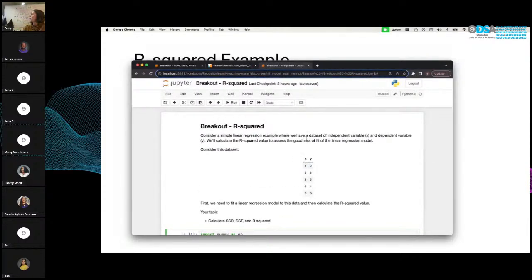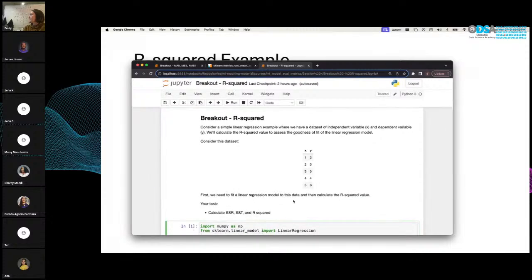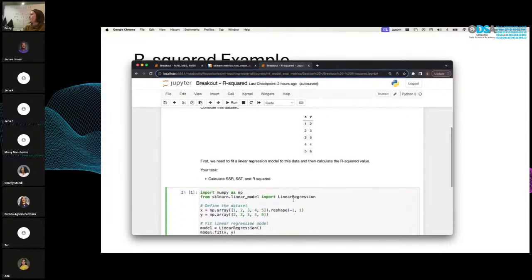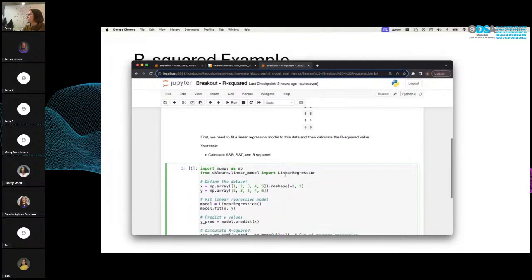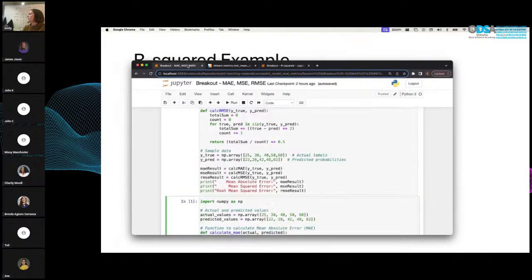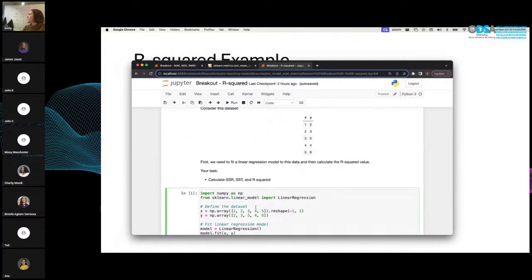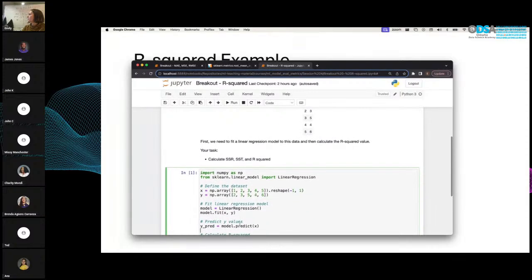Consider this example where we only have one x variable and one y variable. Create a regression model, a linear regression. I think I even created the linear regression model in there, correct me if I'm wrong. And then calculate the SSR, the SST, and the R squared.